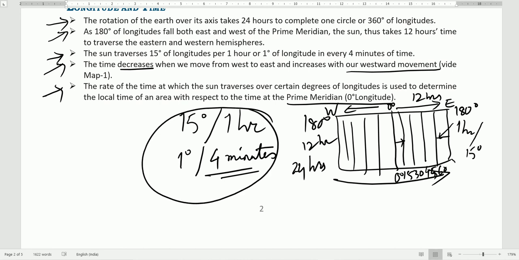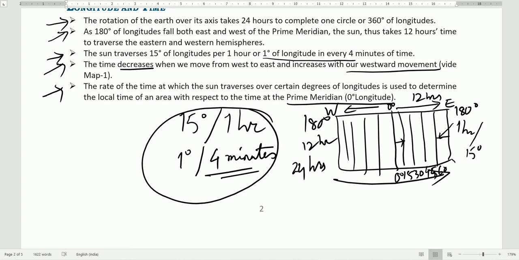You should not forget this point. The sun traverses 15 degrees of longitude per hour or 1 degree of longitude in every 4 minutes of time. So with this rate of movement of the sun, we shall determine the local time of an area with reference to the prime meridian.